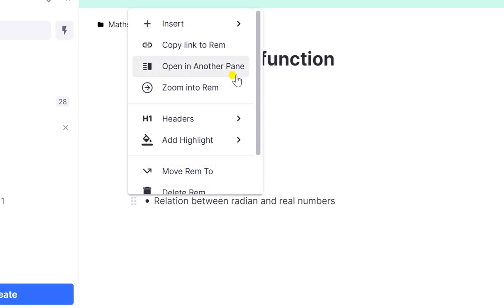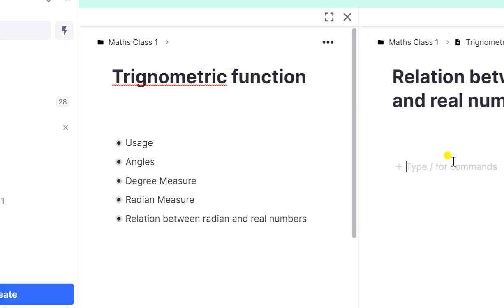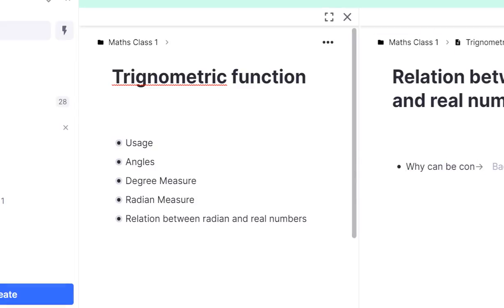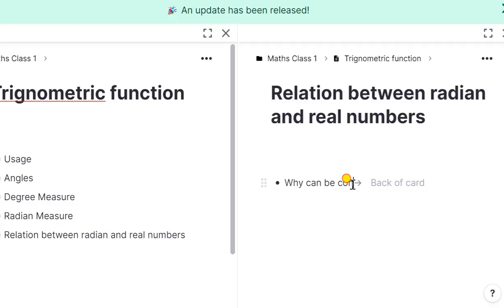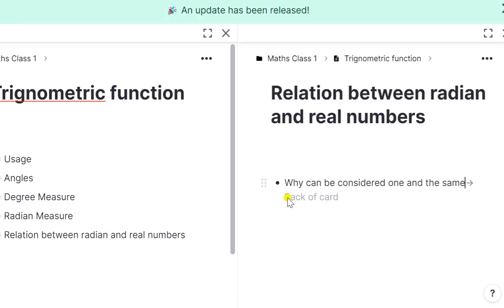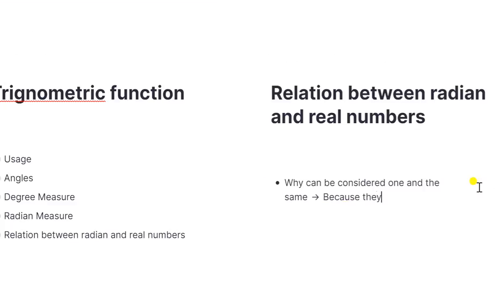Because if we draw a number line, they can be measured in a similar manner.